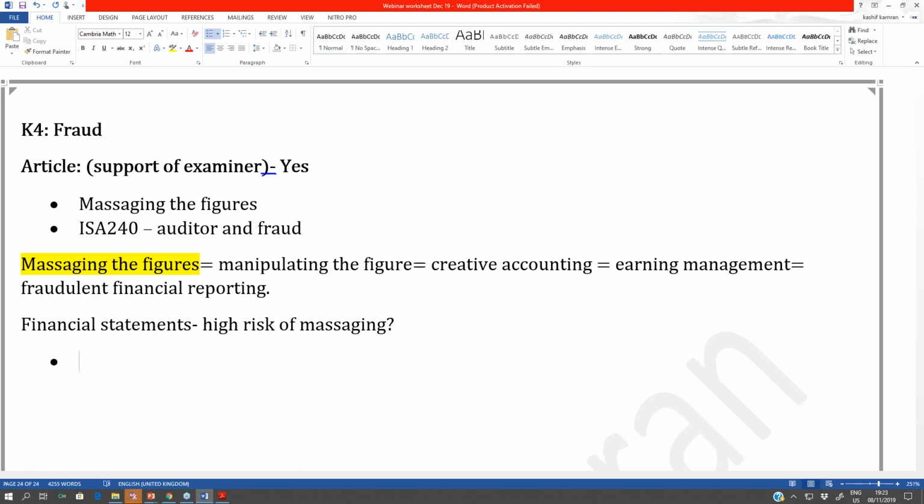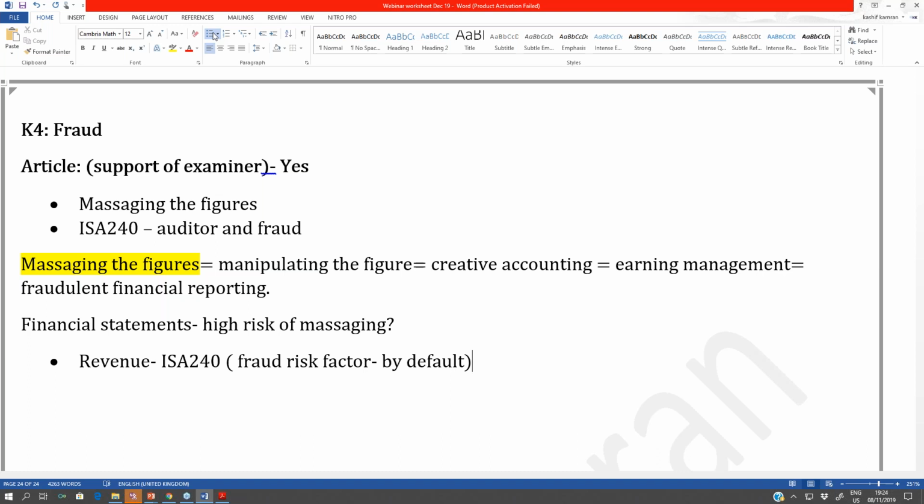The first and foremost area which has a high risk of massaging is revenue. And ISA 240 says this is a fraud risk factor by default. So ISA 240 says revenue is by default a fraud risk factor. So the highest risk of fraud in the financial statements is in the revenue.